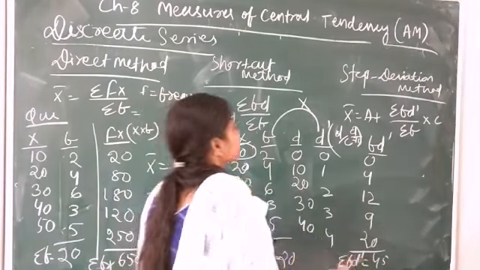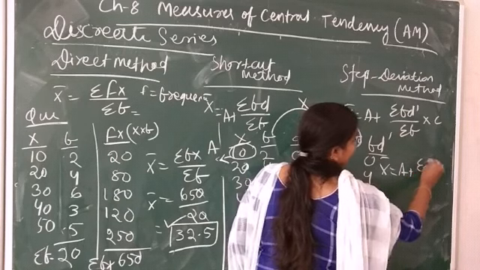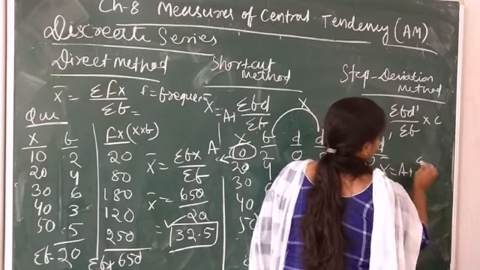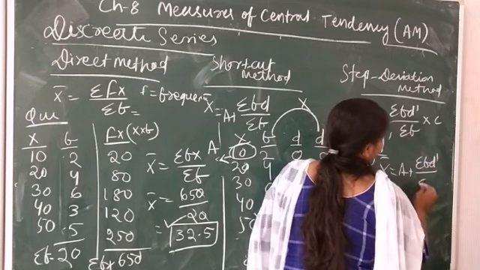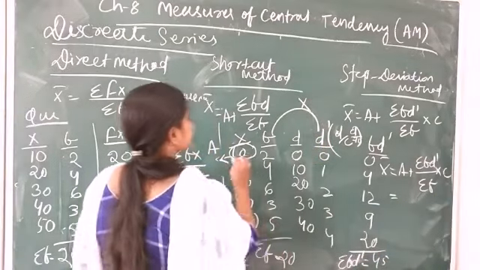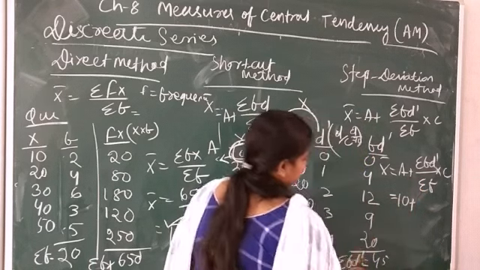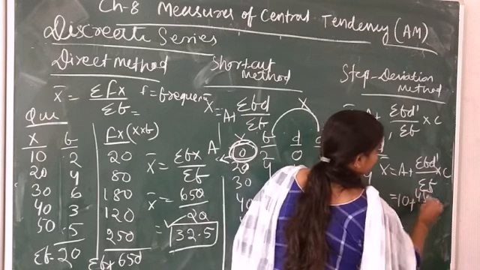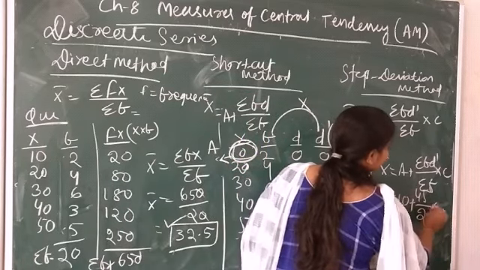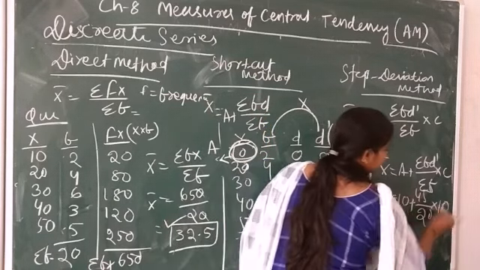Now we put the formula, that is mean equals A plus sigma f d dash divided by sigma f, into c. So A equals the assumed mean and we take 10 as the assumed mean, that is 10 plus sigma f d dash is this, that is 45 divided by sigma f, which is your 20, and c is the class interval and we take class interval as 10.